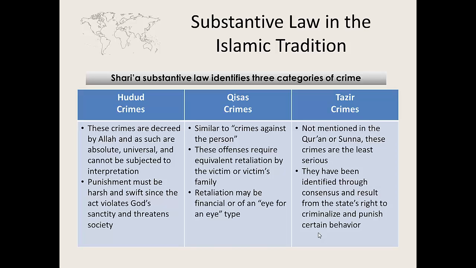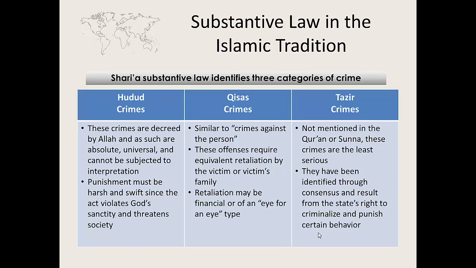If a person commits one of these hudud crimes, or one of the had offenses, again using the plural, then these are the ones that are accompanied by very, very severe and harsh punishments because the acts violate God's sanctity and threaten society. Your textbook describes some of the reasons for this and why, for example, things like theft might be punished as a had as opposed to murder, which is a different category of crime.